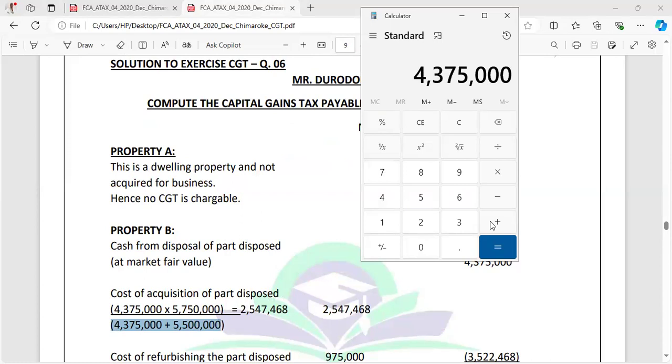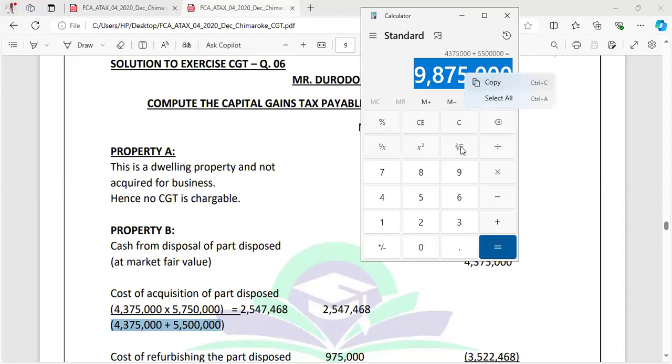I will add it to 5,500,000. I will add them together. I will have 9,875,000. I will copy this. It's easier. Then I will go to the top and I will do the top.